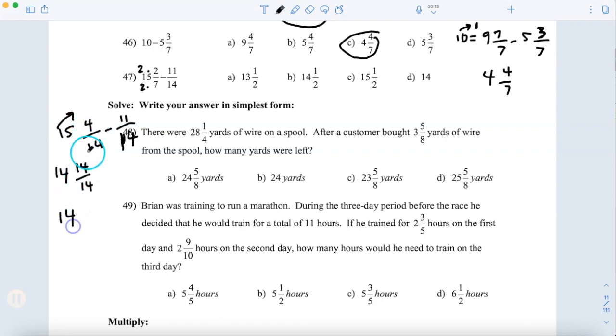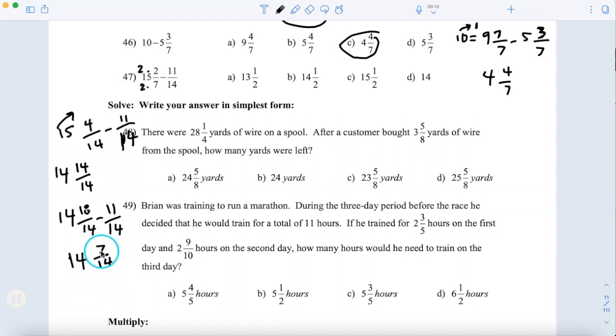So 4 over 14 plus 14 over 14 is 18 over the same denominator, minus 11 over 14. Now I have the same denominator and my numerator is bigger. So my final answer is going to be 14, and 18 minus 11 is 7 over 14.